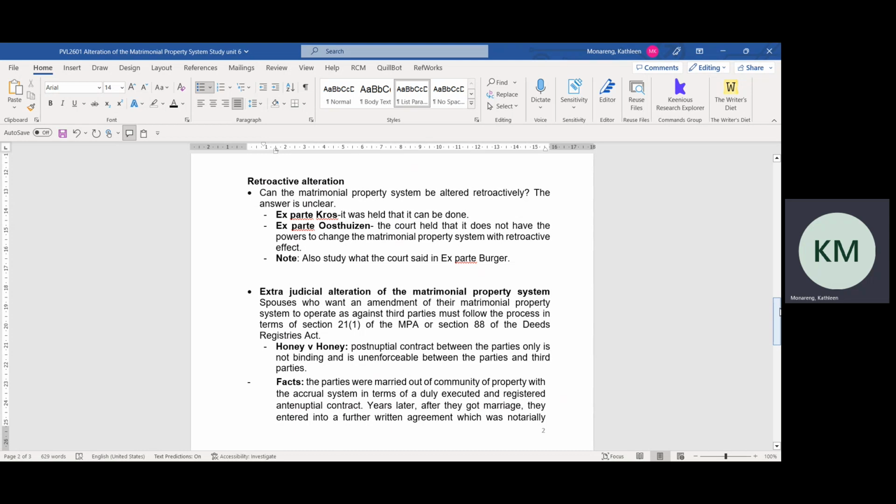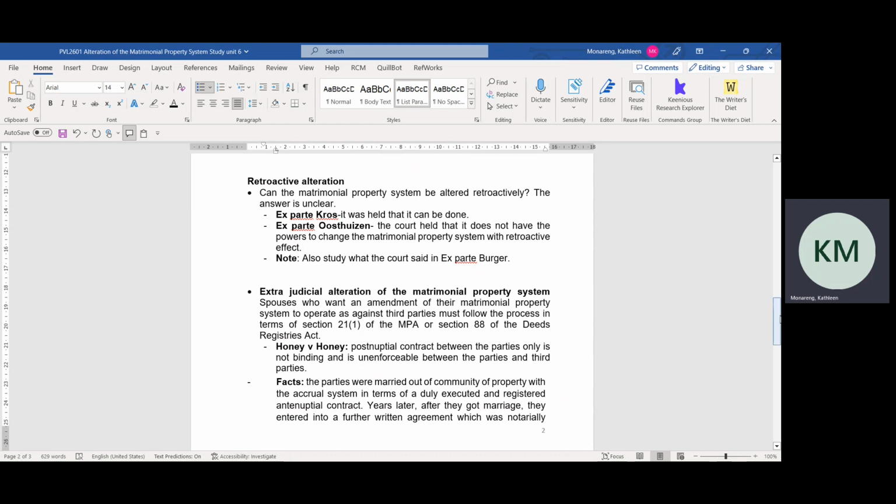And the answer here is unclear. We've got conflicting judgments. As of now, each case is judged on its merits. For example, in the case of Ex parte Crossing, it was held that this can be done. And in the case of Ex parte Oosthuizen, the court held that it does not have the power to change the matrimonial property system with retroactive effect.